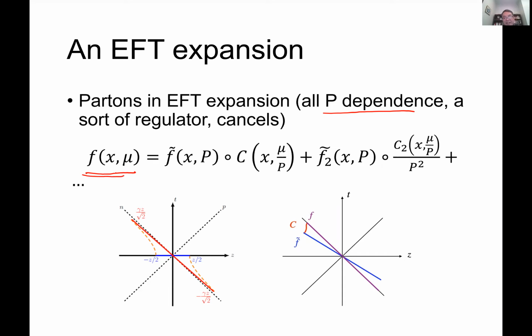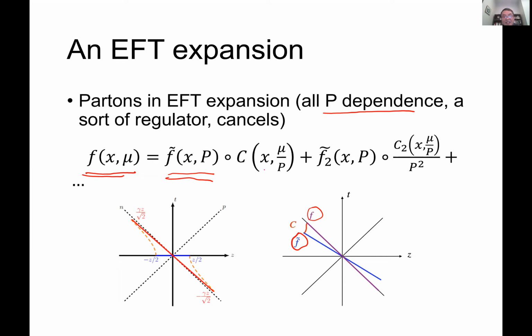First step is you calculate the distribution that contains only modes up to pz. That's what this F tilde is. You have light cone correlations, F, which you calculate in terms of off-light cone correlations, plus the differences between this and that.